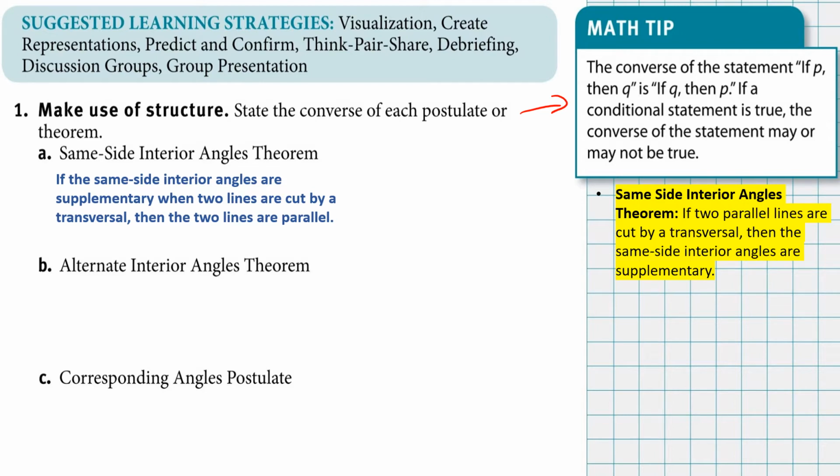So if the same side interior angles are supplementary when two lines are cut by a transversal, then the two lines are parallel. What this means is that if I see two lines and there's a transversal going through them, and then I look at the same side interior angles, and I say I know the measures, say one is 60, oh, excuse me, that's not 60 degrees.